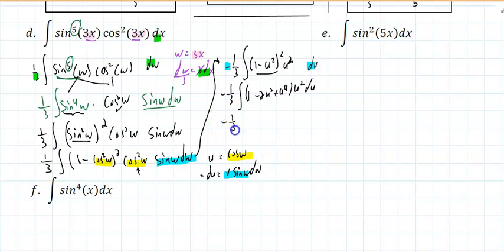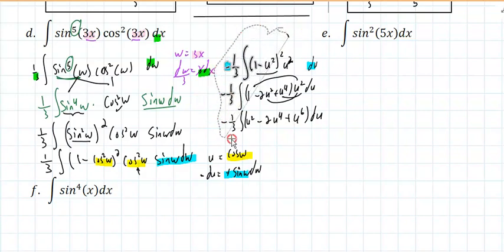That is negative 1/3 times the integral of u squared minus 2u to the 4th plus u to the 6th du. I'm going to raise this just a bit. I need a bit more space, a couple of steps.